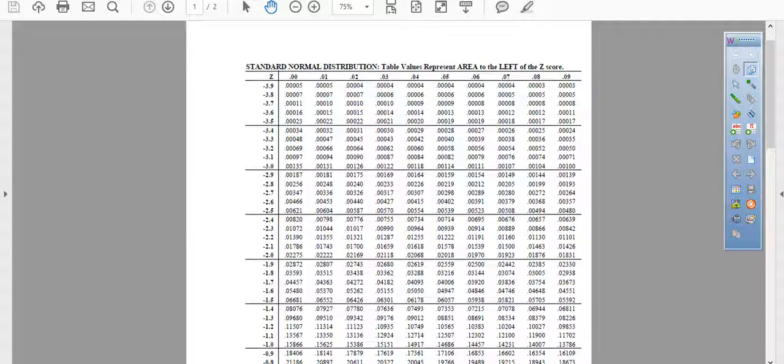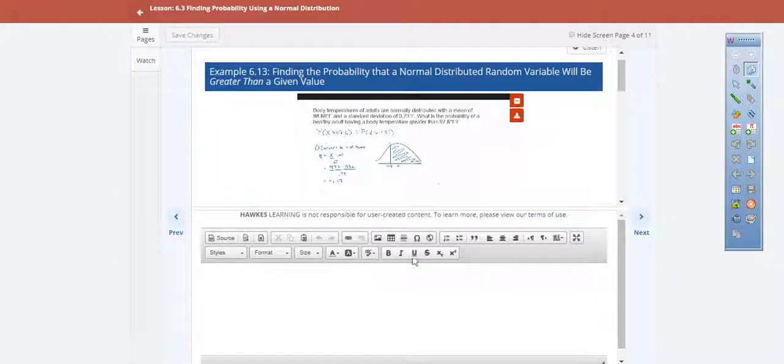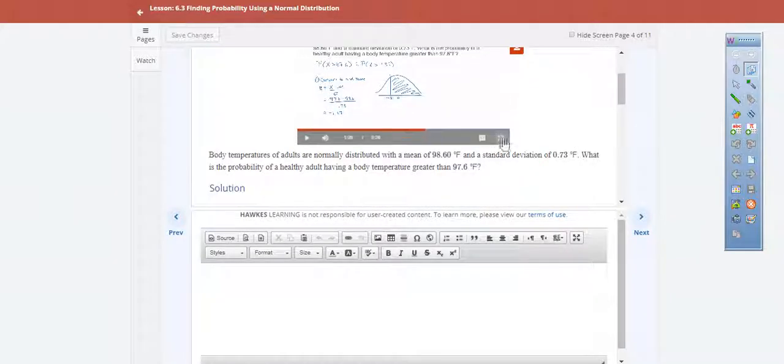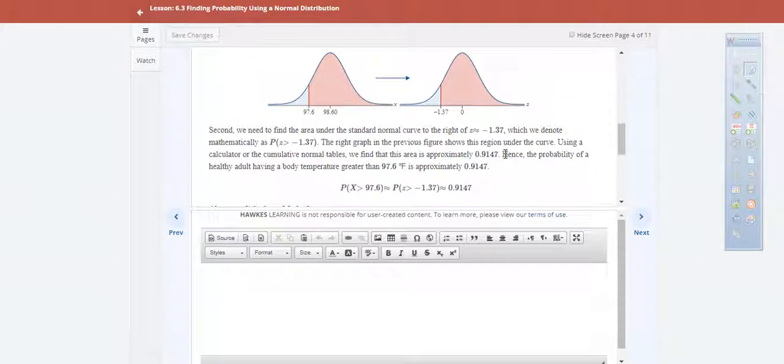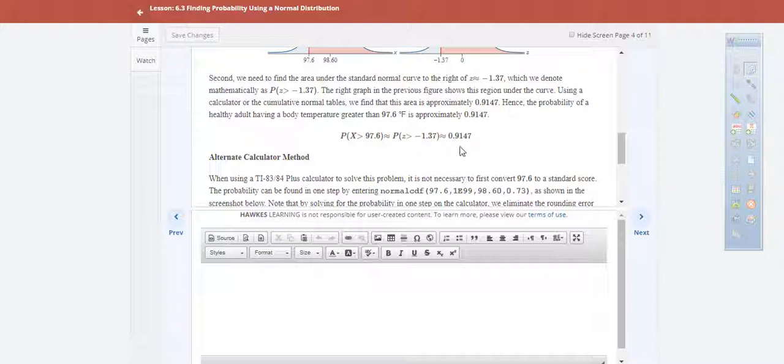There she is. We come back in and we see that she says, okay, so we do that, we find that's negative there, we go through this process, and then you can see that she's not moving the decimal place over all the way, which is fine. You can see I'm moving my decimal to make that 91.47, and that's just because she's subtracting that.